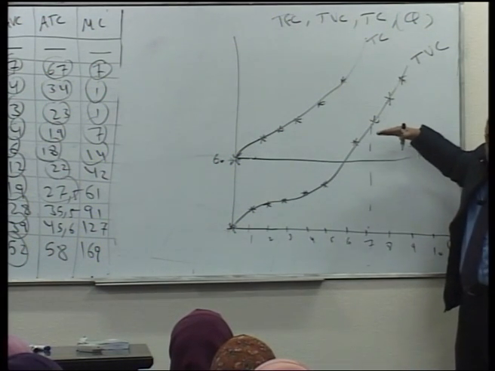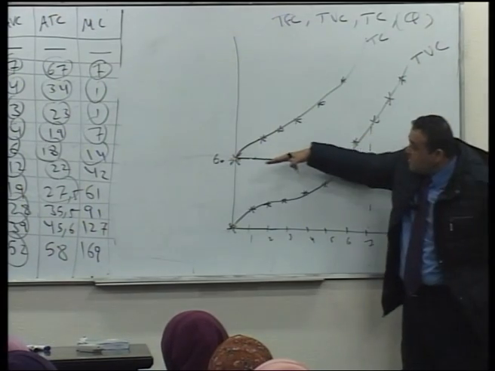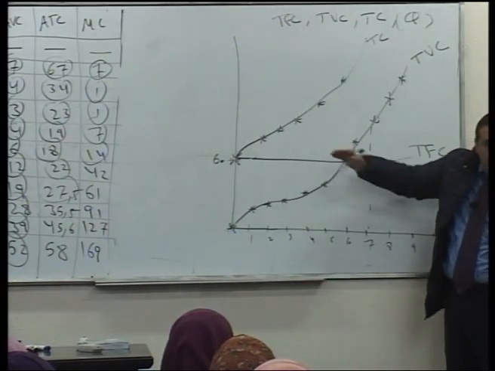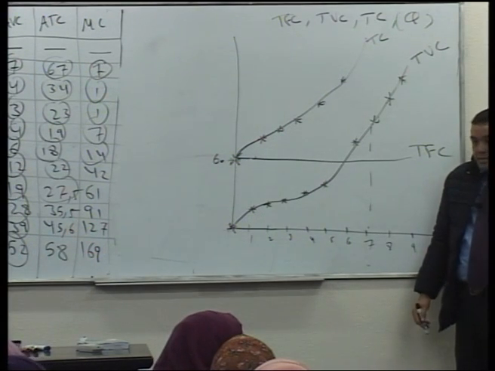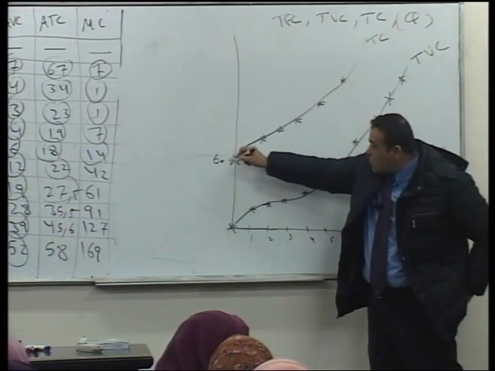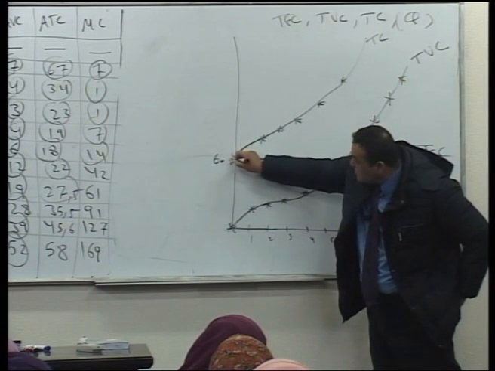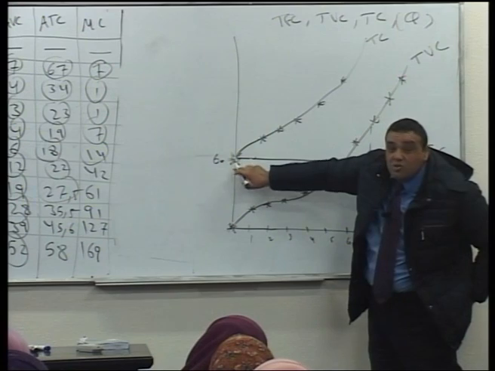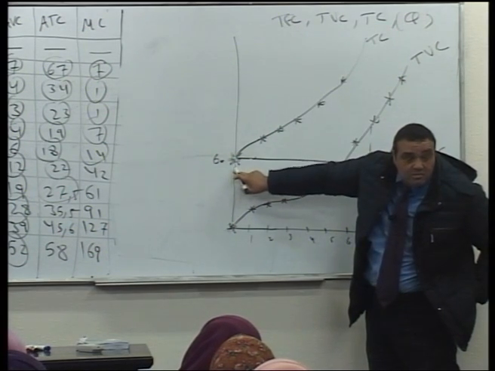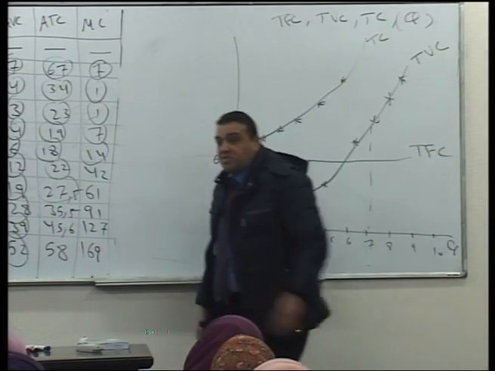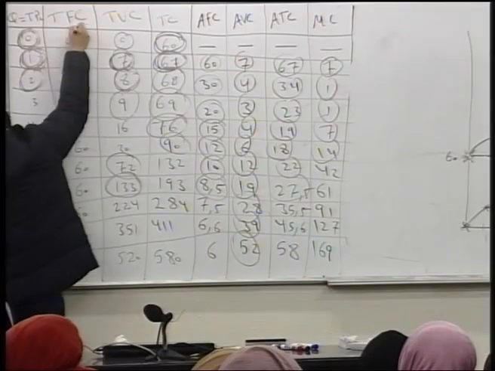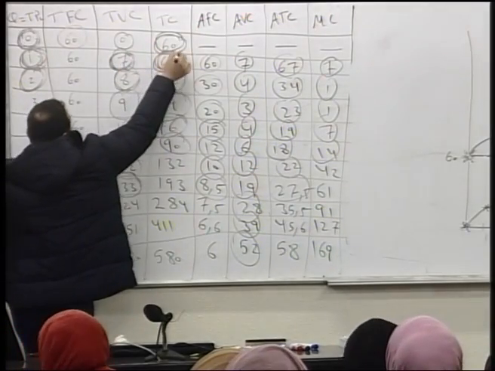In the short term, we have a value for the total fixed cost. It's a straight line, right? What about the total cost? At Q equals 0, total fixed cost equals the total cost. In the short run, at Q equals 0, total fixed cost equals the total cost.